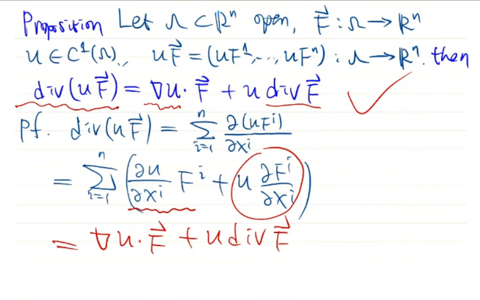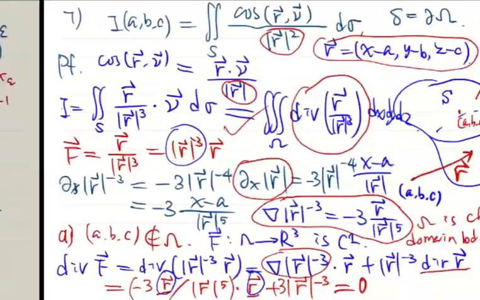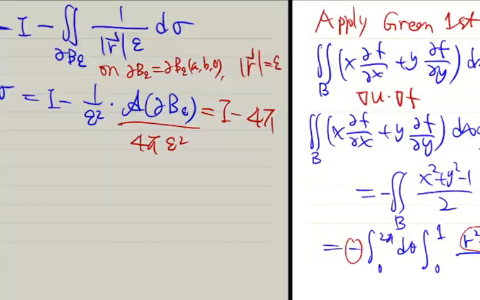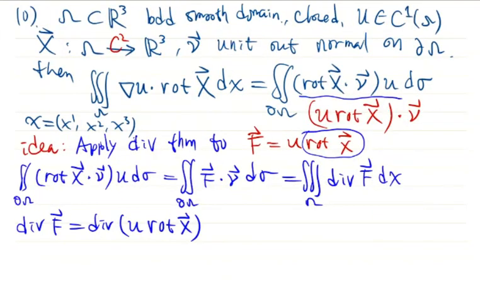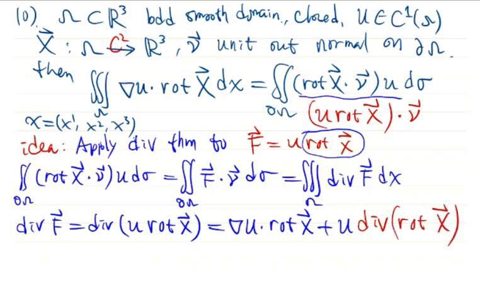So this equals the gradient of U inner product with curl X plus U multiplying the divergence of curl X. But I will tell you that this is 0.